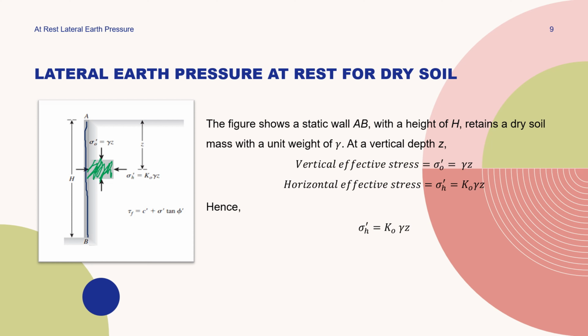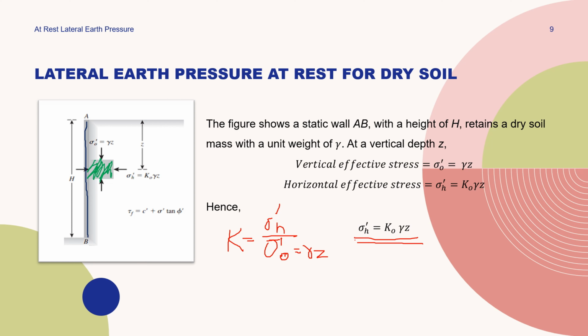So at a vertical depth of Z, the vertical effective stress, sigma prime O, is equal to the unit weight of the dry soil times the depth. From the relation K equals sigma prime h over sigma prime O, with sigma prime O equal to gamma z, we can isolate sigma prime h.